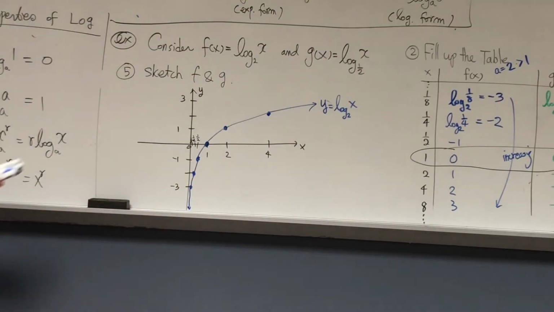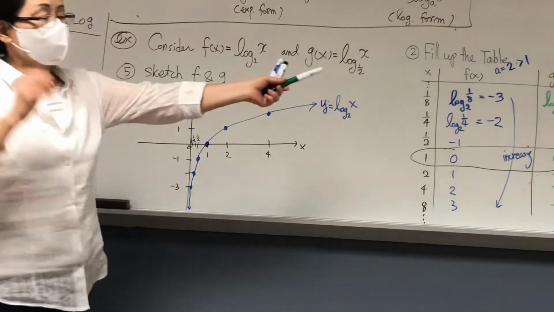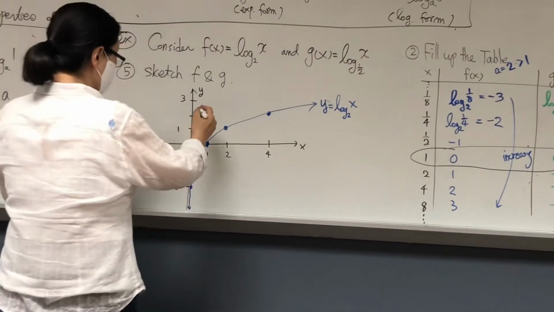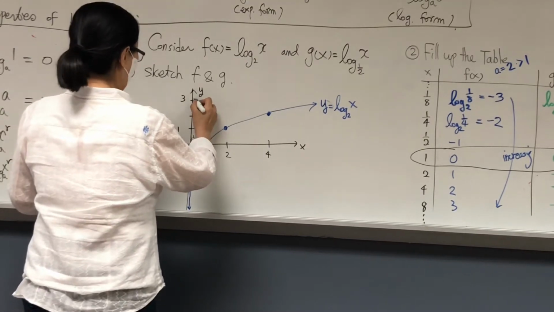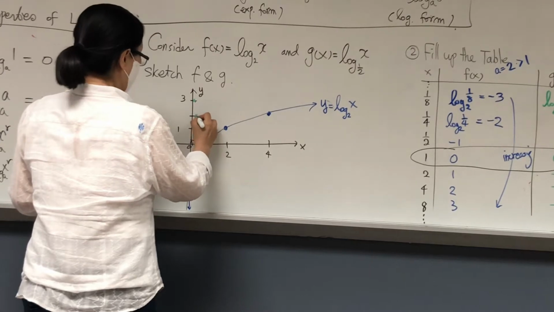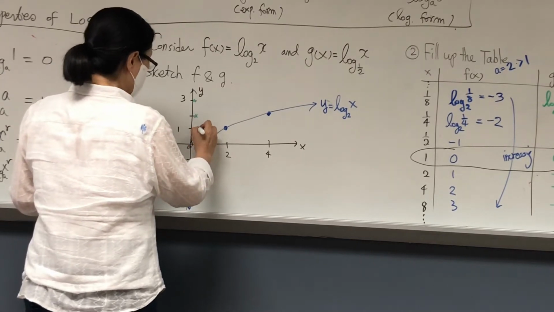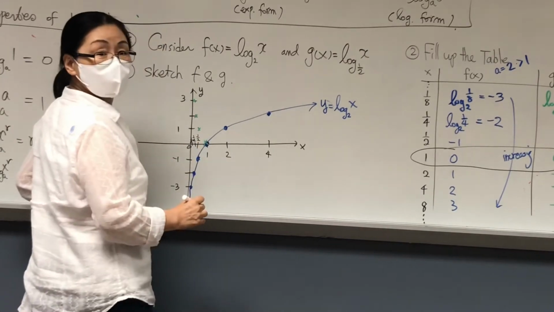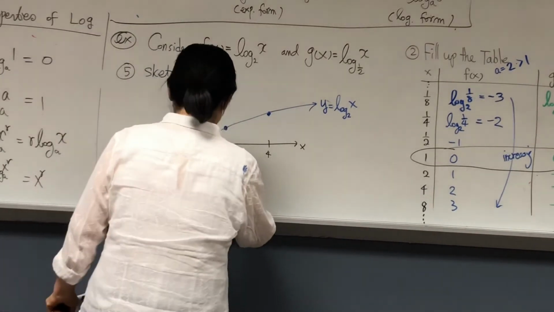Okay. How about when the base is 1/2? What happened? At 1/8, it is 3. At 1/4, 2. At 1/2, 1. Am I right? At 1, 0. At 2, -1.